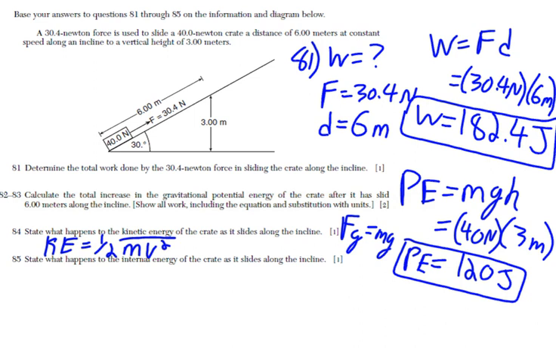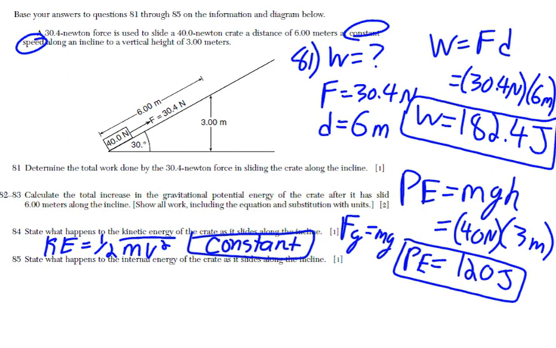Well, if you read this problem carefully, it says it's moving at a constant speed. So the velocity is not changing. Based on that, we can say that the kinetic energy is not changing. So the kinetic energy is constant, based on what the problem gave us: it's moving at a constant speed.